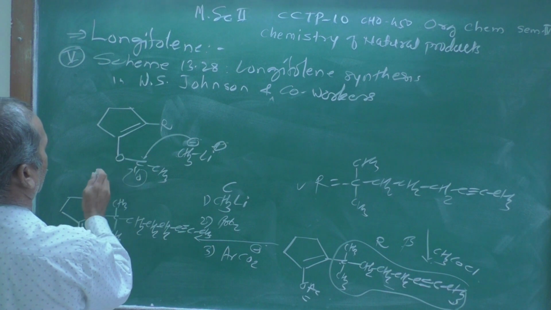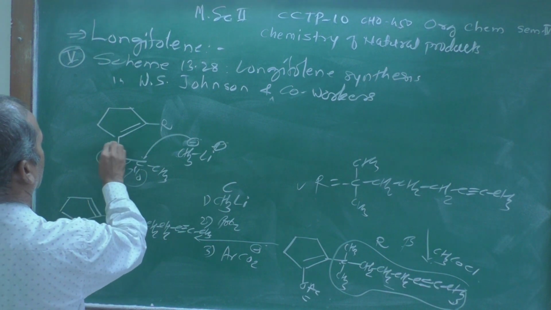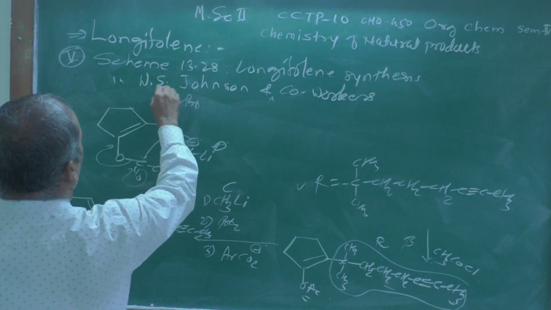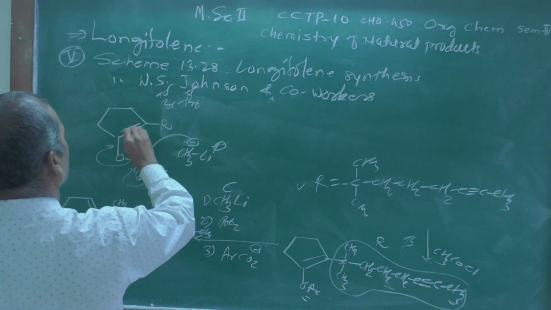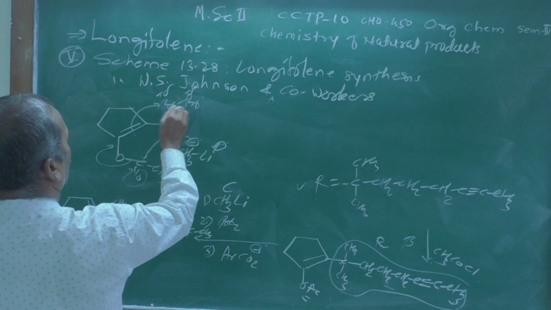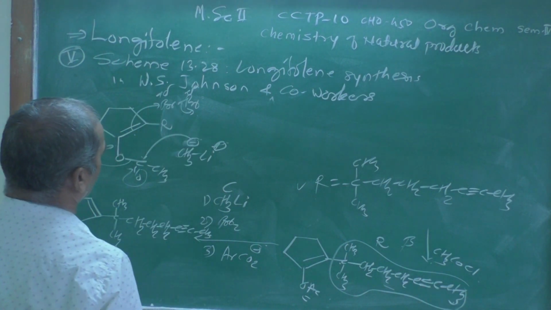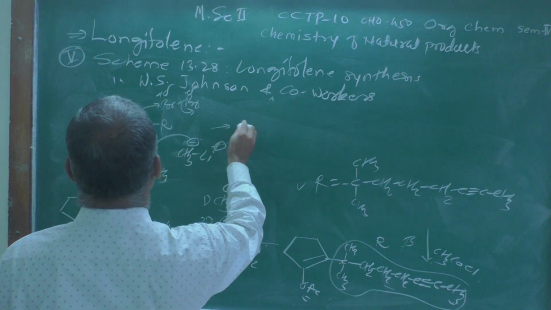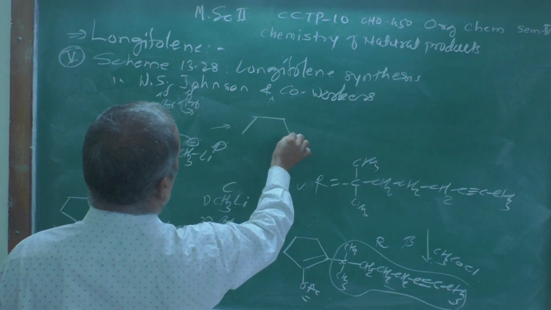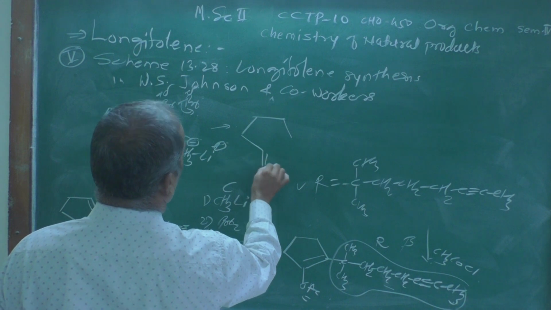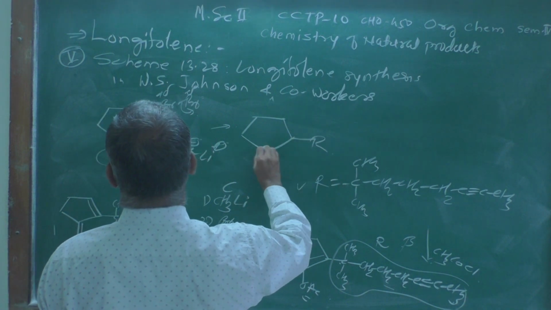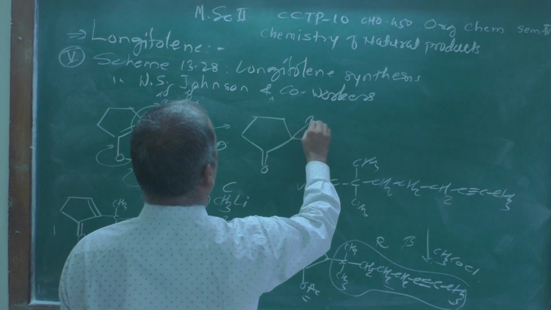So double bond here, and here Br with delta plus and delta minus charge. This double bond is going to attack over there, and you will get this type of situation. So here you can get C double bond O, then now here R, this double bond, now here is a Br.